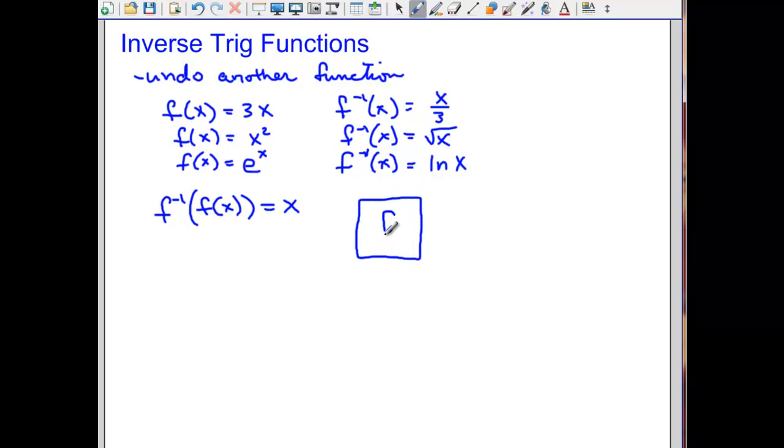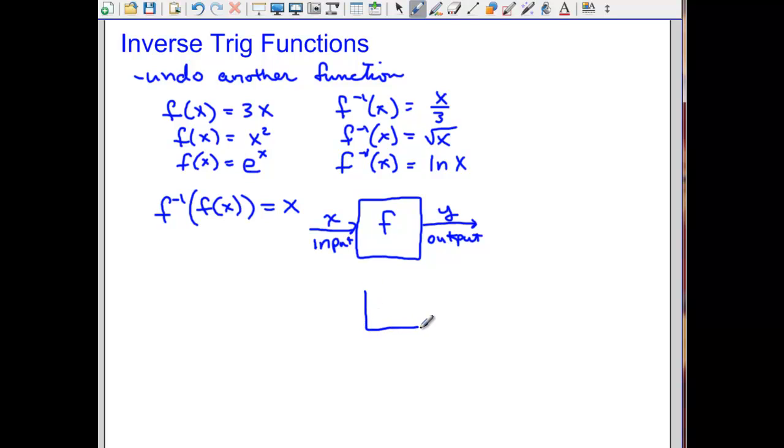So we have a machine called f. It has inputs, frequently represented as x, and a function creates an output through some mathematical operation, and in this case the output many times is called y.